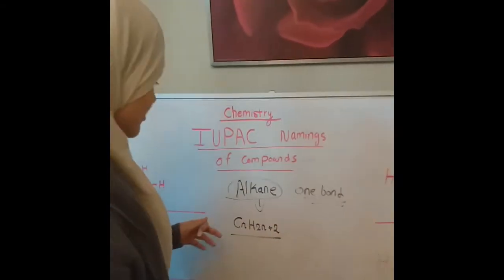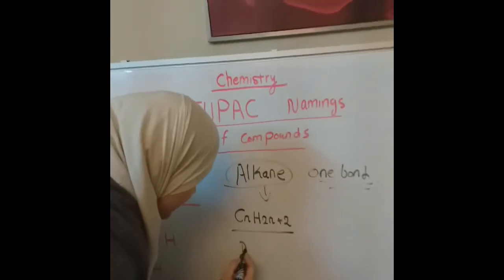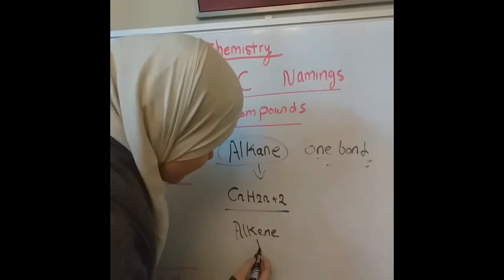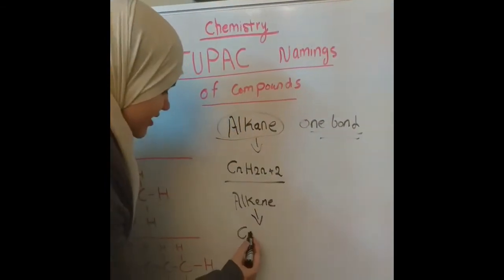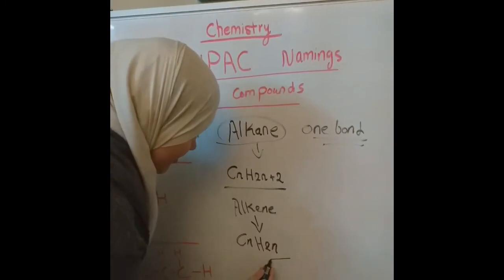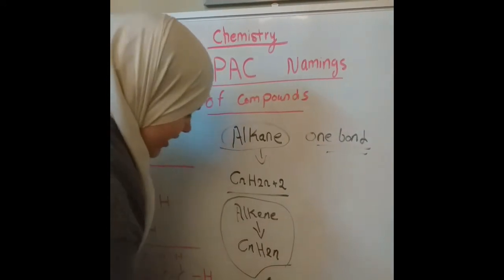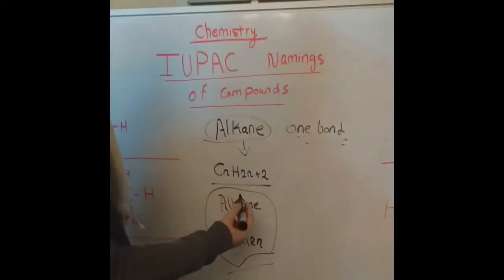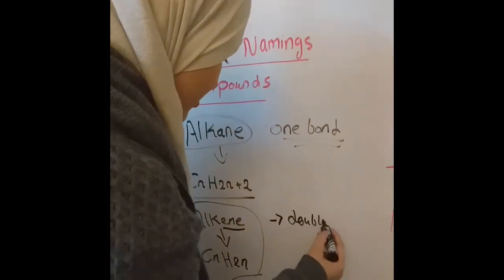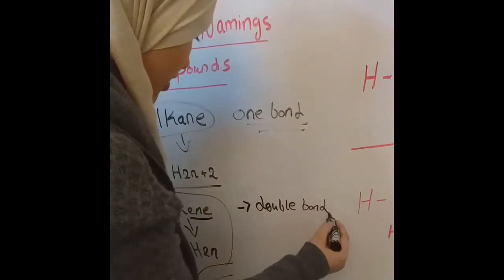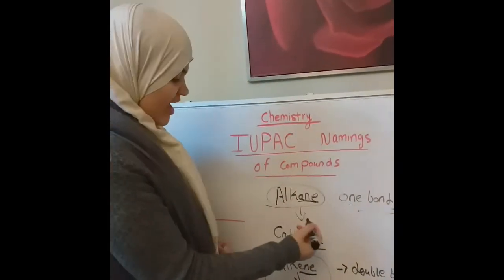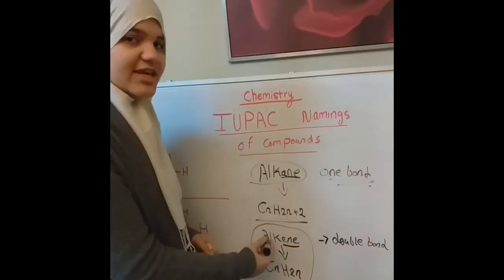The second is alkene. The formula of alkene is CnH2n, and alkene has a double bond. So that was alkane, which has the suffix ane, and alkene, which has the suffix ene.